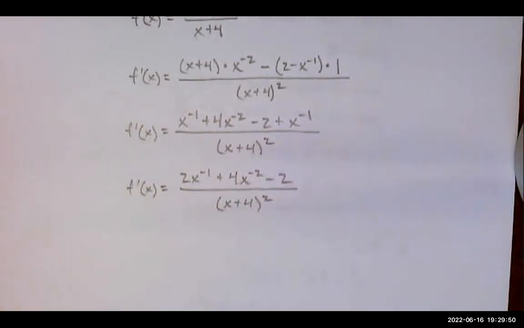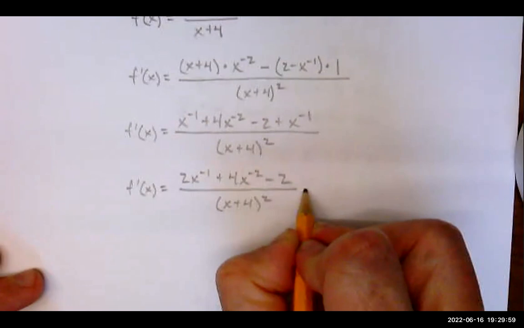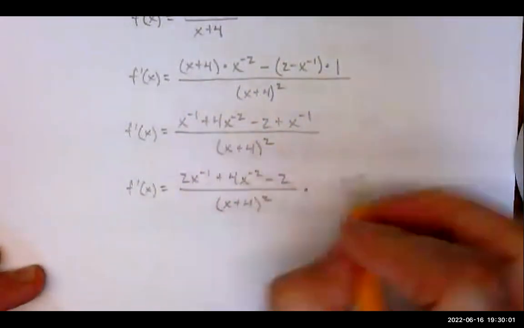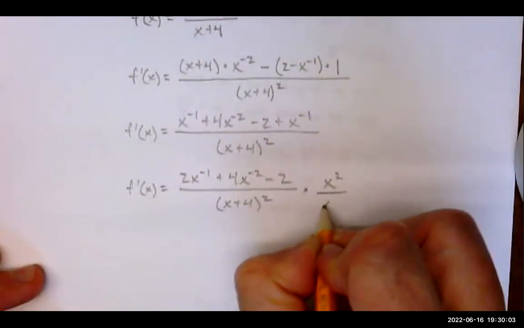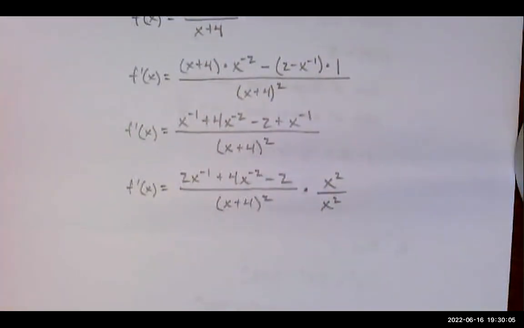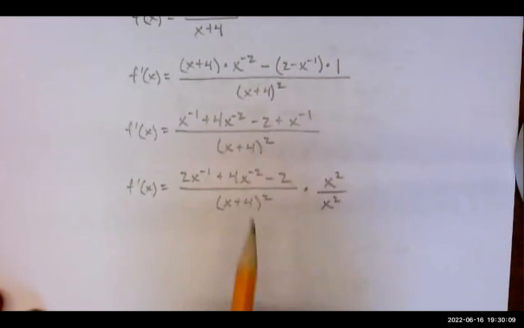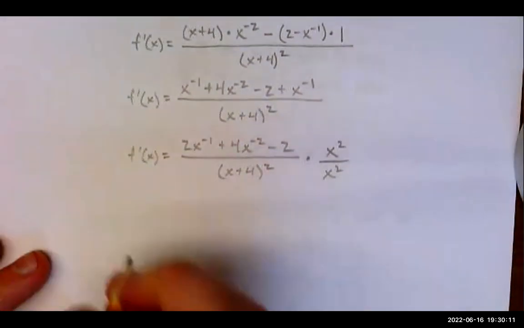Here's what we're going to do. Remember that this is really like 2 over x, and this is 4 over x squared. We can multiply by the higher of those powers. Let's multiply the top and the bottom by x squared, and that will cancel out all of our negative exponents.